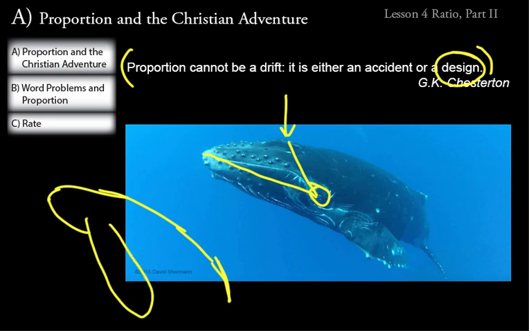So if I drew it like that, that's starting to look kind of disproportional, right? I drew that pectoral fin really big compared to the rest of its body. And then if I drew its eye in like that, that's looking more like a flying fish than a whale now, right? So the proportions of things matter, and it's definitely evidence of design and not some accidental thing.